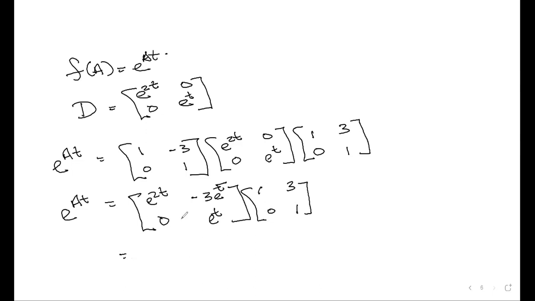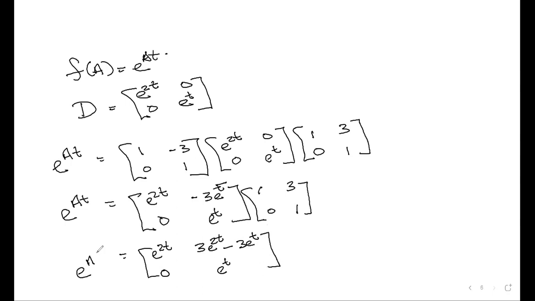So e to the 2t times 1 is e to the 2t, plus 0. e to the 2t times 3 is 3e to the 2t. 3e to the t times 1 is going to be minus 3e to the t. 0 times is going to be 0 here, and 0 times 3 is 0. e to the t times 1 is e to the t.